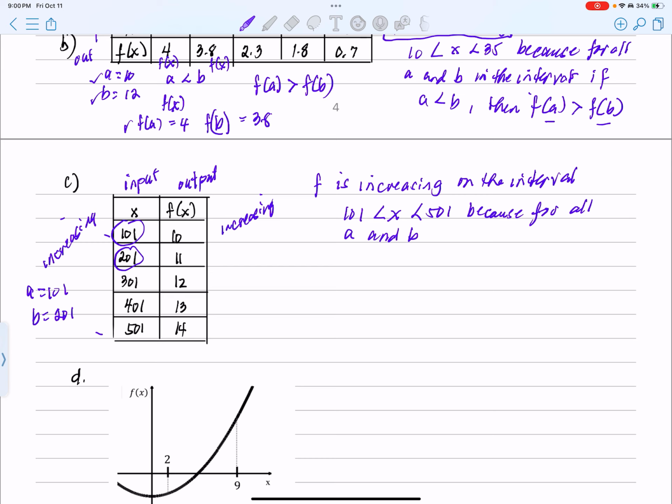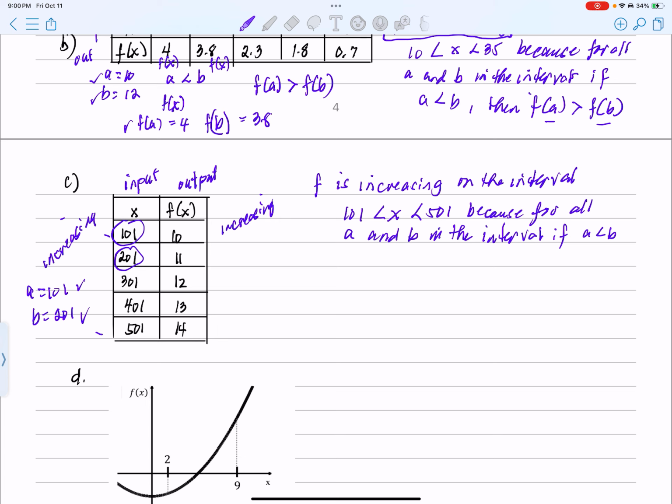So what can you say about the interval from A and B? So in the interval, okay, in the interval, if A is less than B, so the A is less than B, right?